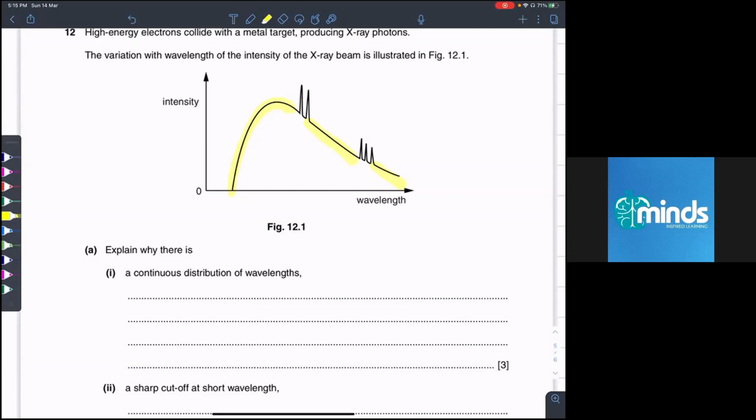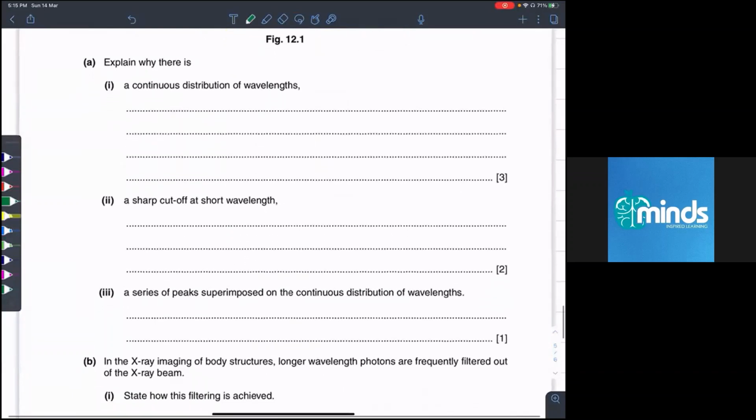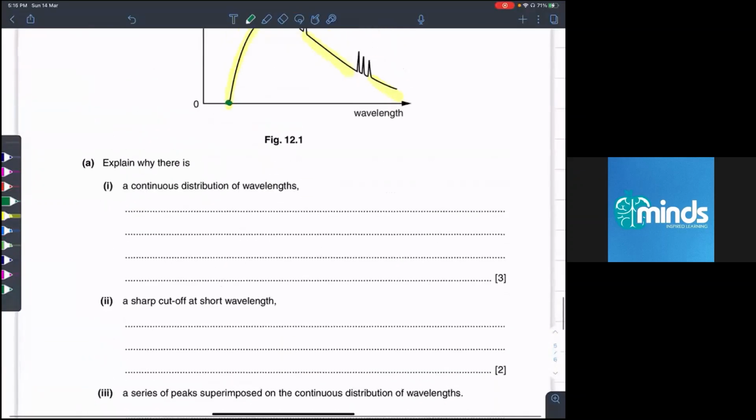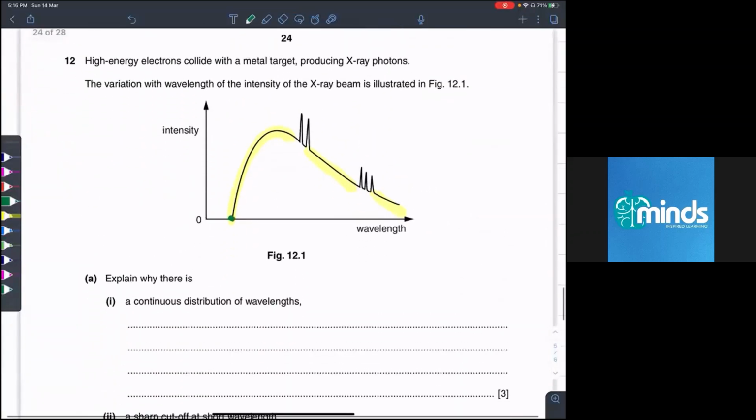This cutoff represents the electrons which will stop instantaneously, but these electrons are very few in number. So in this question, what you are supposed to say is that the electron will give all of its energy in one interaction, or the electron will stop all of a sudden or instantaneously.